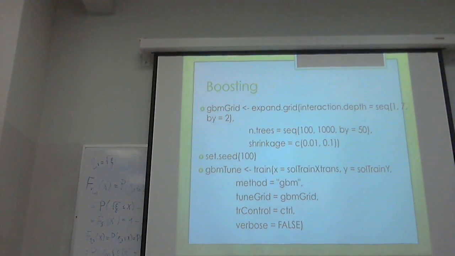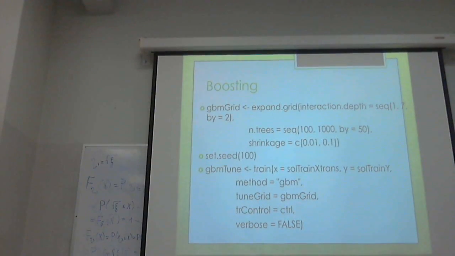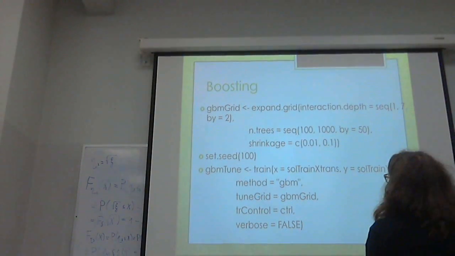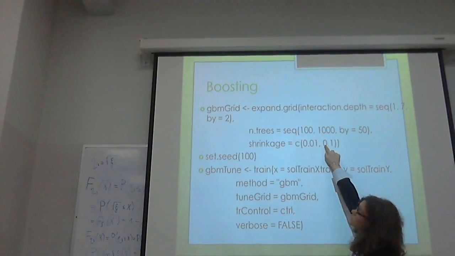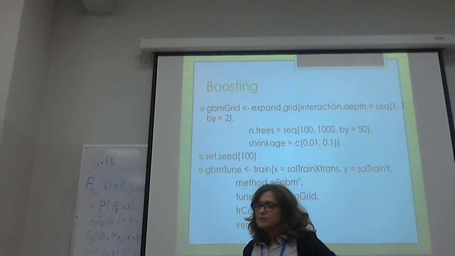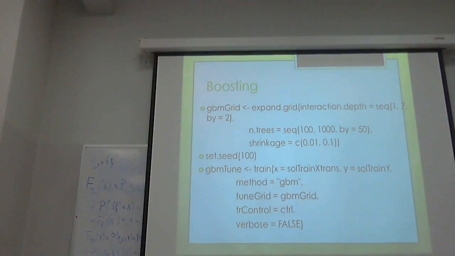I don't remember what the SVM was. But maybe interaction depth 7. Okay, we can give you a hint. Try number of trees 100, interaction depth 7, and shrinkage 0.1. Try this combination, because with this combination we got just perfect results.